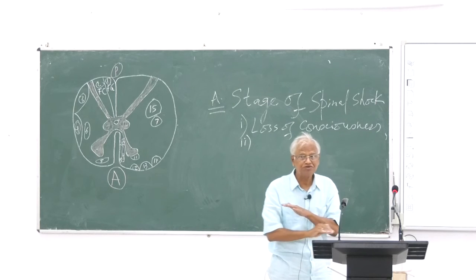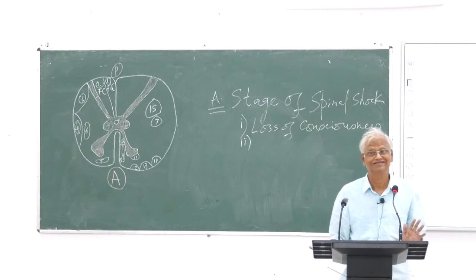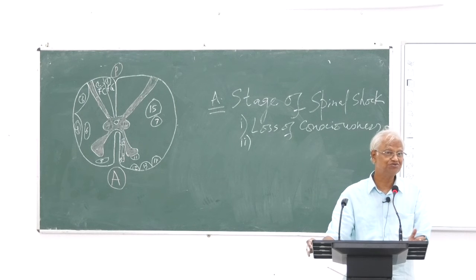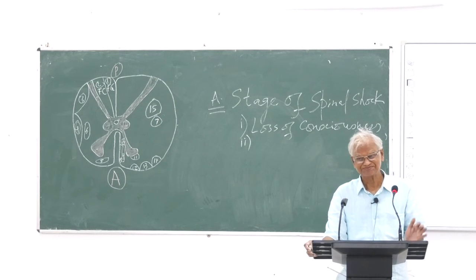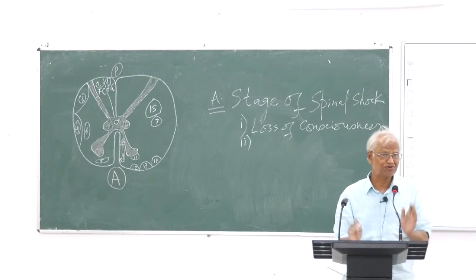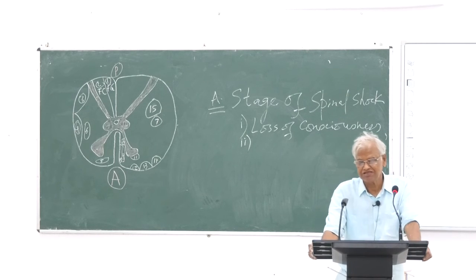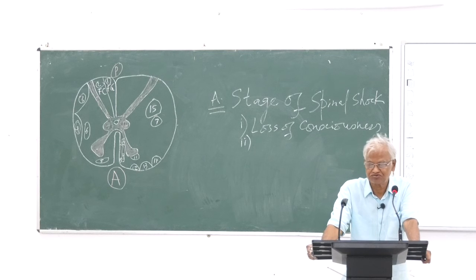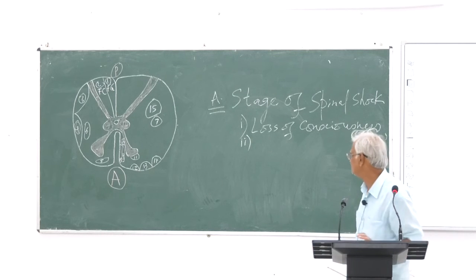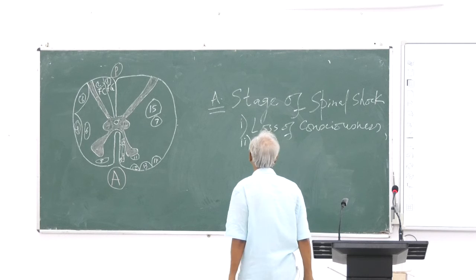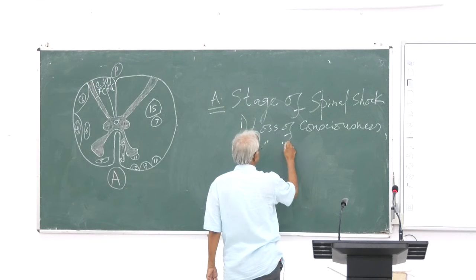See, there has been no injury to the brain, but you do not know whether there is concomitant injury to the brain also. But in a pure transection of the spinal cord, there will not be injury elsewhere. But still, there will be loss of consciousness. Then total loss of muscle tone.